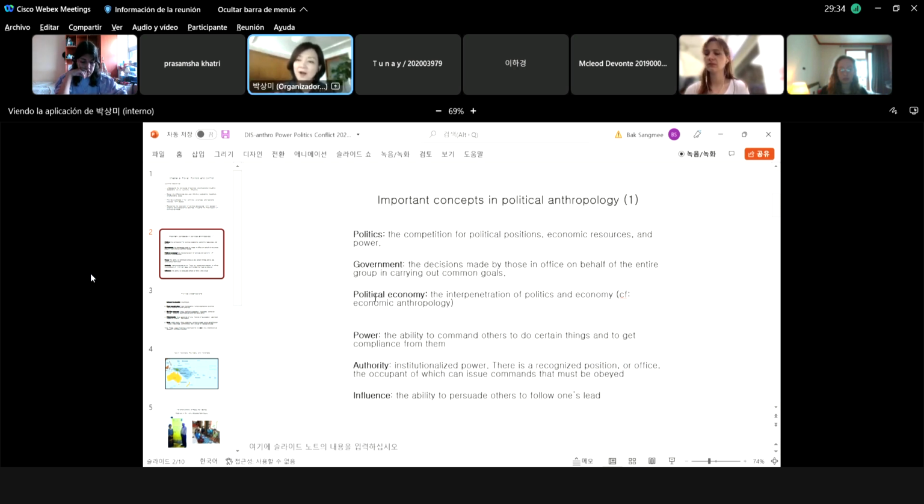Well, having defined these two similar and related concepts, the fact is, oftentimes it's very hard to distinguish one from the other because people will try to make politics look like government when one is in office.